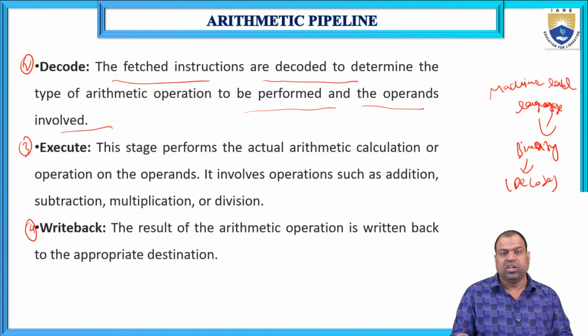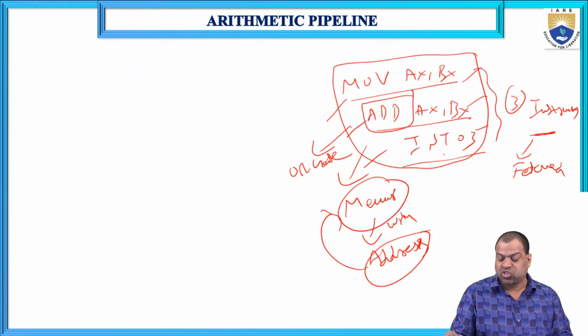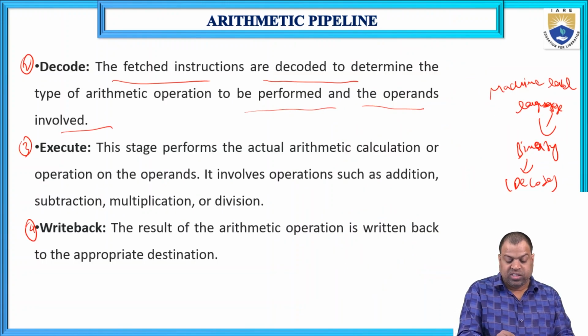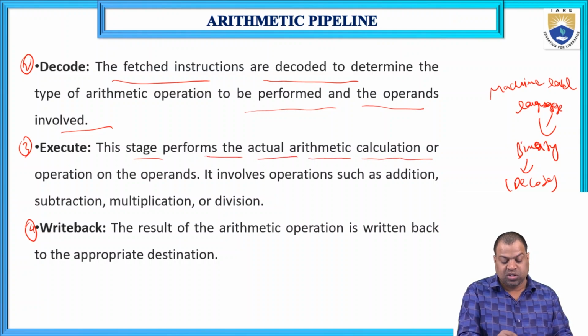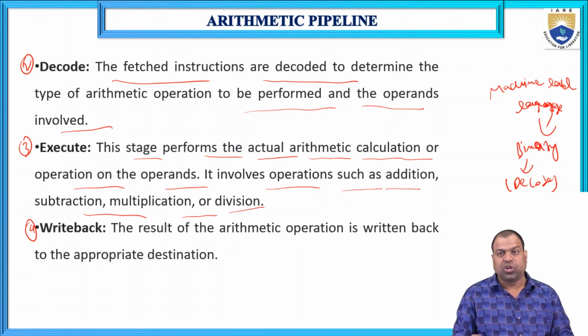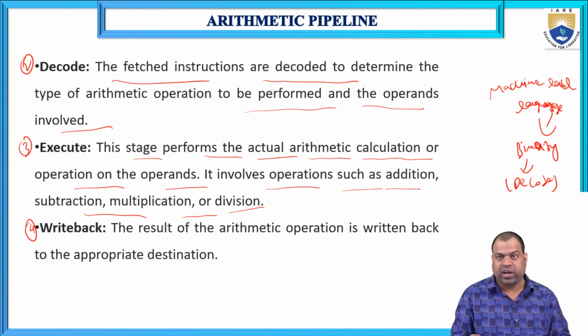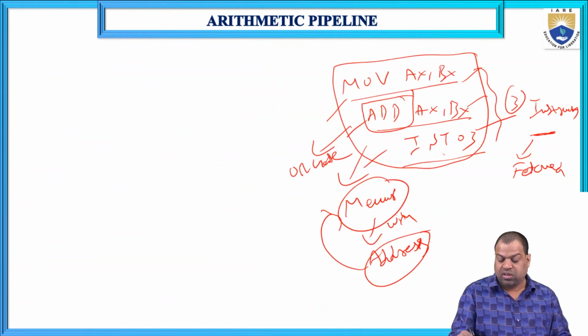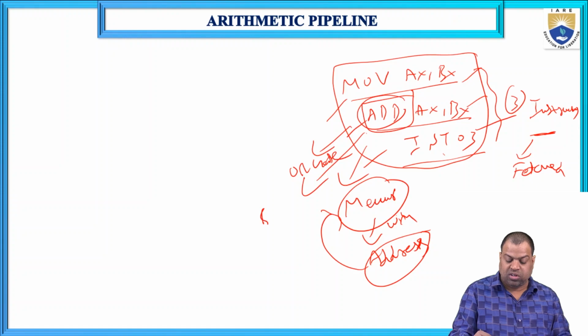After the decoding, it should be executed. So these 3 lines should be executed. In this stage, the actual arithmetic calculation or operation on the operands is performed, involving operations such as addition, subtraction, multiplication or division. Suppose my operand is add, sub, mul or div.